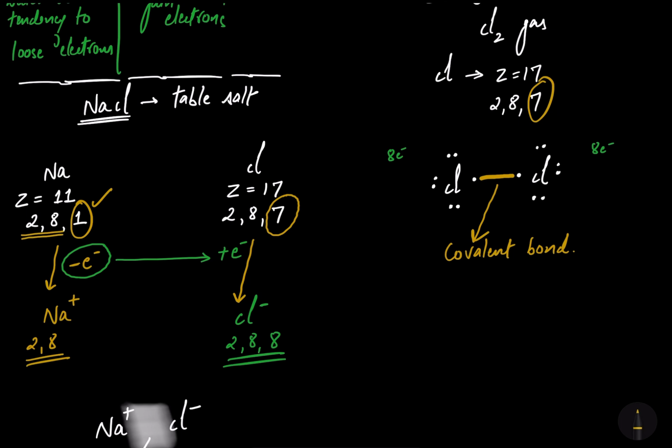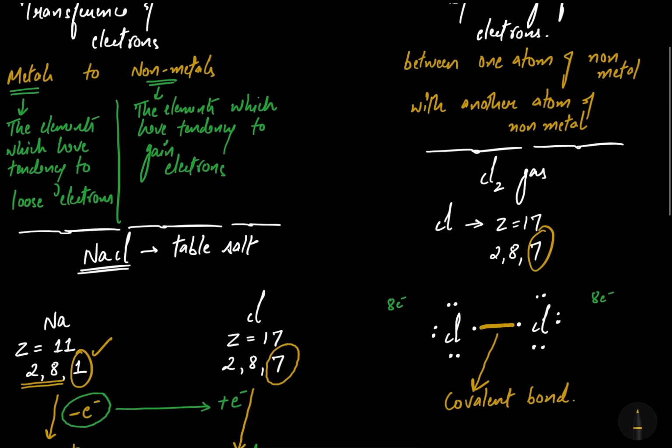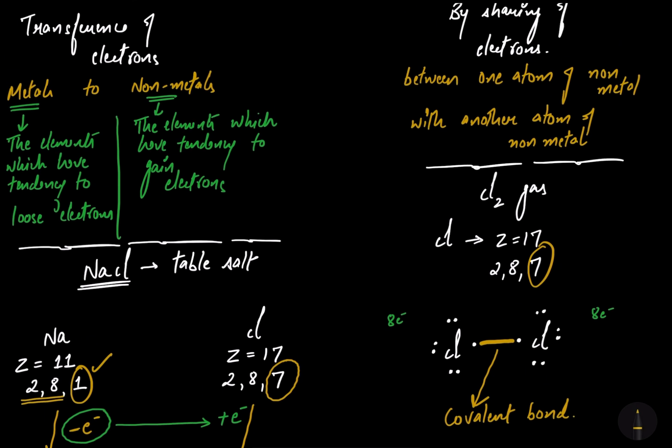So that's very basic information about the ionic bond and the covalent bond. I hope you all understood today's lecture. That's the introduction of chemical bonding, and we are going to discuss the ionic bond and the different types of covalent bond in great detail in further lecture videos.